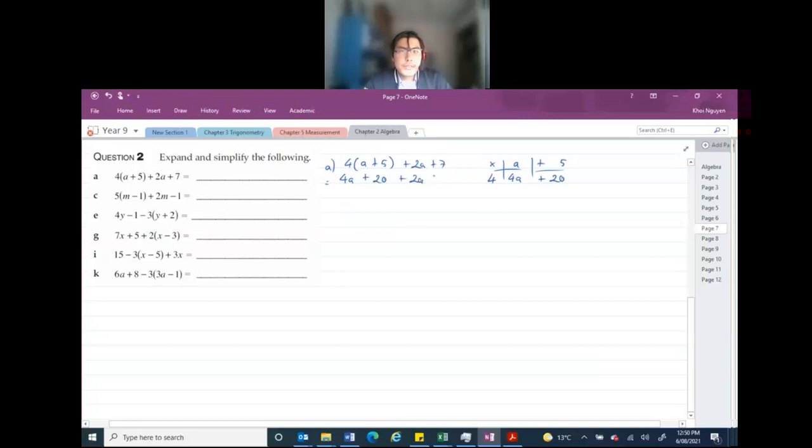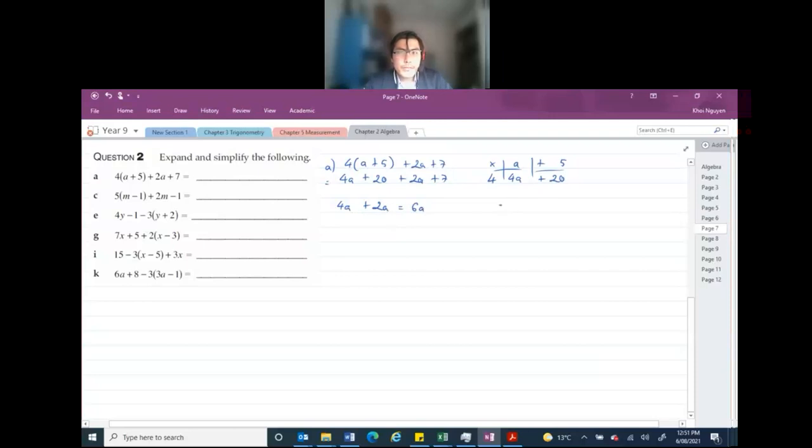plus 7. Now what I've noticed here is that we've got 4A and 2A being like terms. So together they would make 6A. We're just going to add the like terms here, so 4 plus 2 is 6.